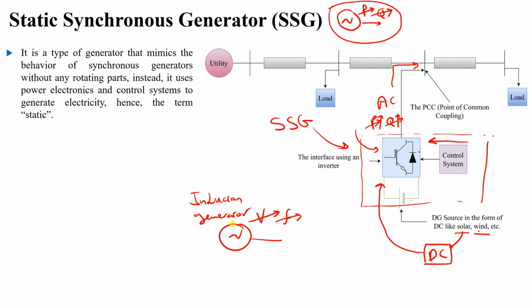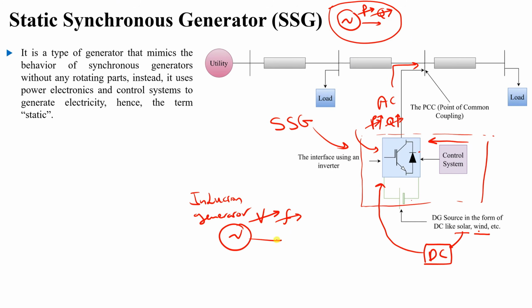Why? Because the speed of the wind is changing all of the time. So when the wind speed changes, the speed of the shaft of the generator or wind turbine changes with time, giving us an output voltage and frequency that vary with time. So we cannot connect this to the grid.